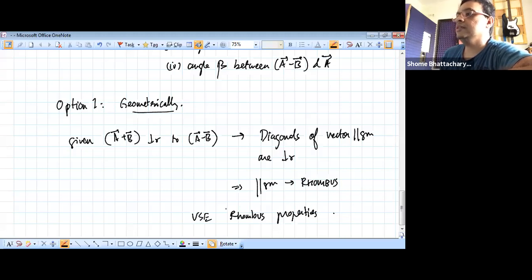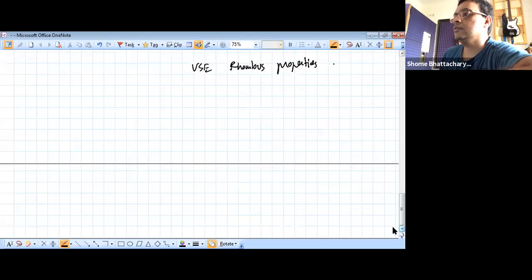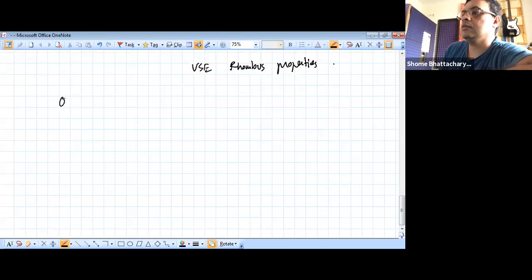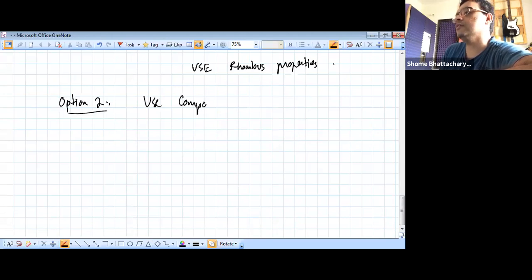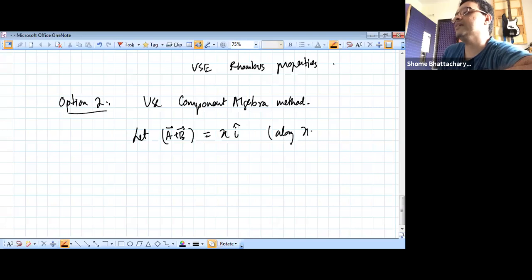And the second option is you can also try this by component algebra. So what do you do? Let A plus B be some x i cap, that is along the x-axis.